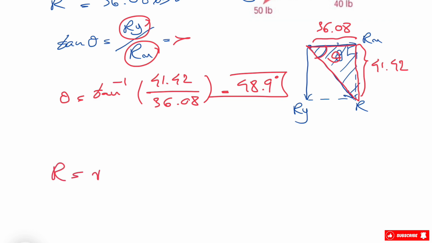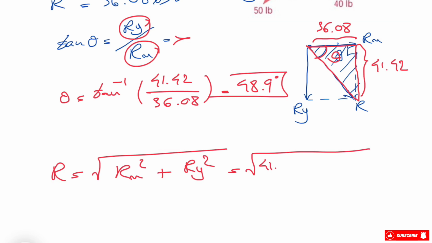And our final answer for R: we need to find the magnitude, which is the square root of Rx squared plus Ry squared, so we'll have 41.42 squared plus 36.08 squared, and this would give us the R, which will be 54.9 pounds.